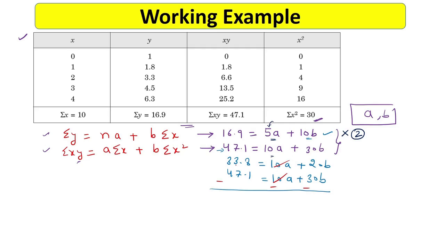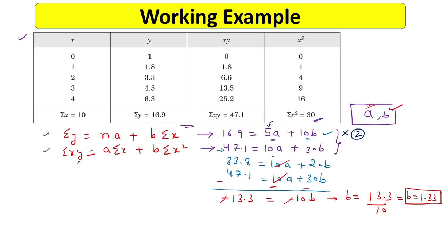If we subtract 33.8 minus 47.1, I will get minus 13.3, equal to 20 minus 30, which is minus 10b. This minus minus will cancel out, and b will be 13.3 upon 10. So b will be 1.33. This is the value of my b.